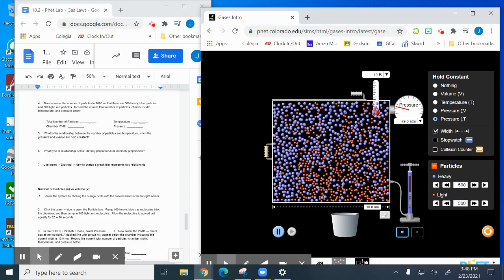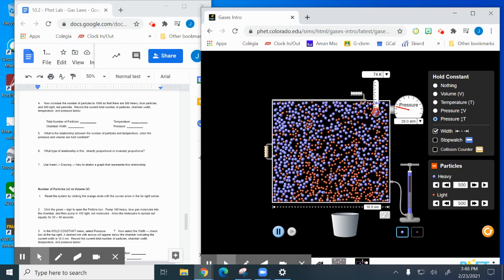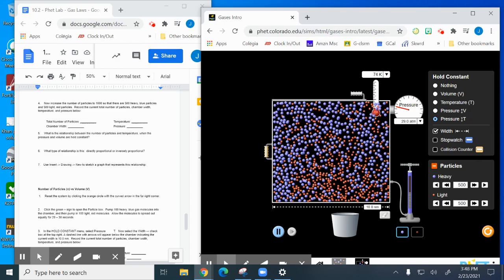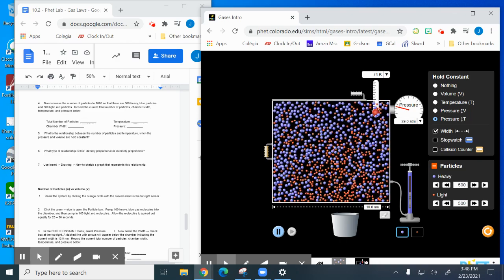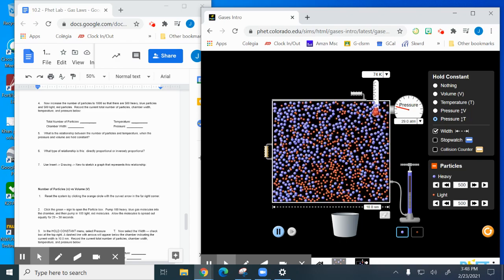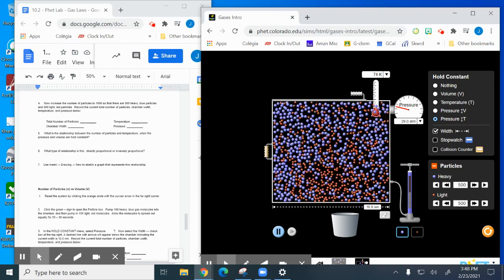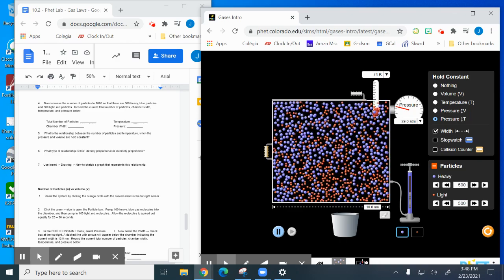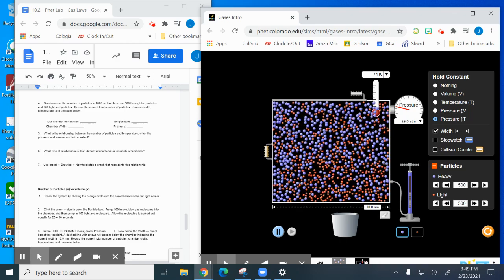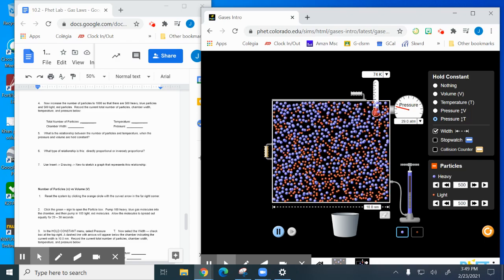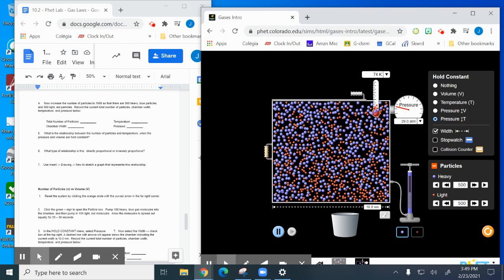If you're trying to hold the pressure constant, so if we allowed the pressure to rise, then those things could be moving faster, right? But since we're adding all these molecules, which means adding all these collisions, we don't want the pressure to change.